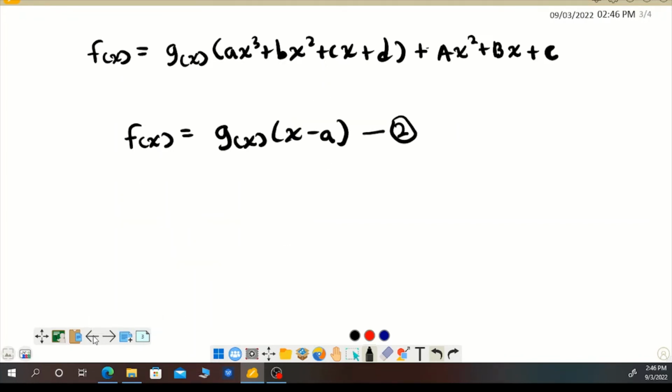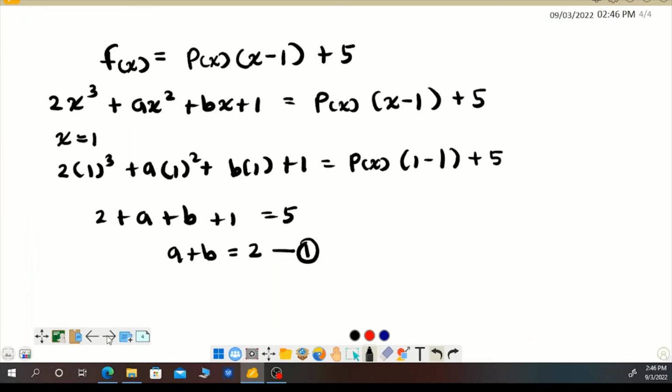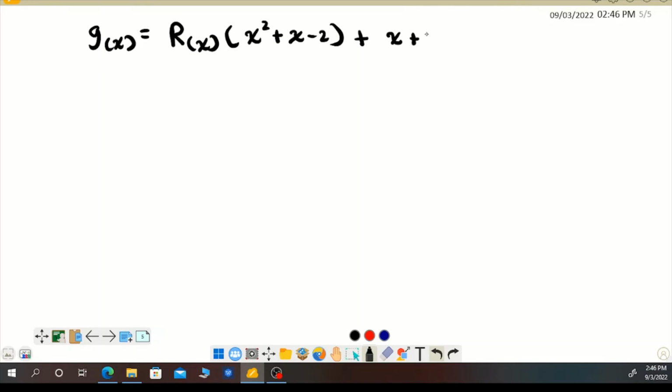Again, it is given that when g(x) is divided by x squared plus x minus 2, the remainder is x plus 1. I can write g(x) equals another function times the divisor x squared plus x minus 2, plus the remainder x plus 1.